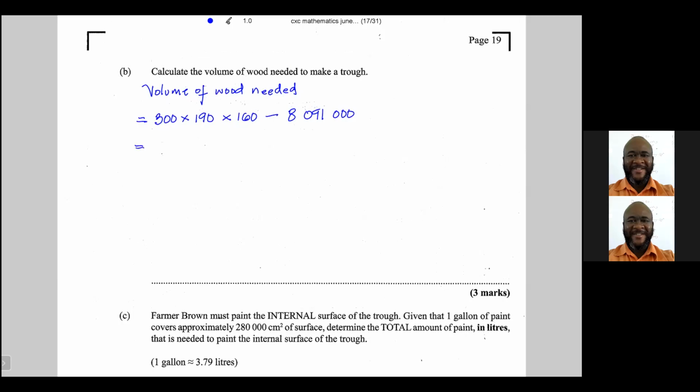So this is 300 times 190 times 160. This is 9,120,000 minus 8,091,000.